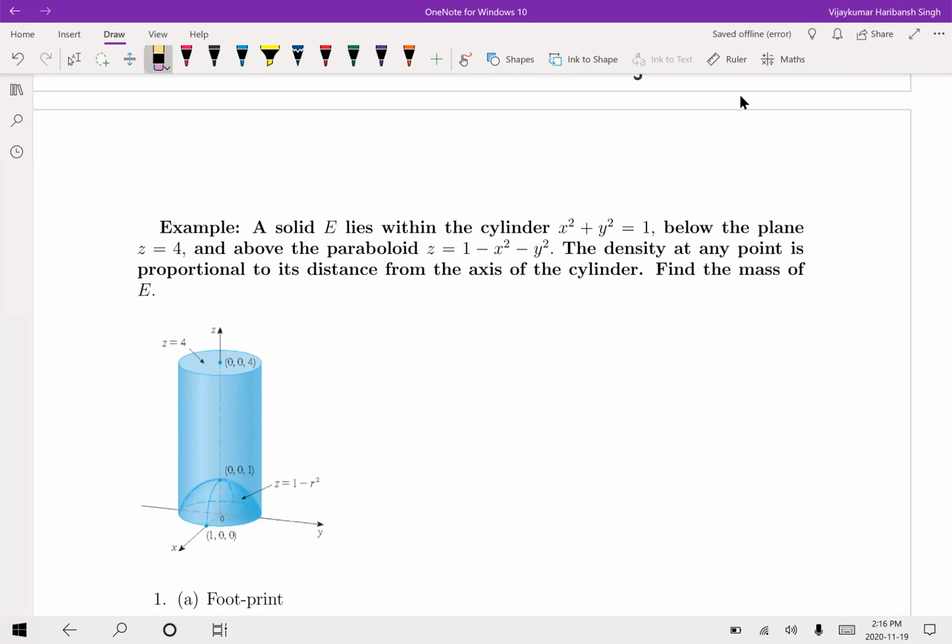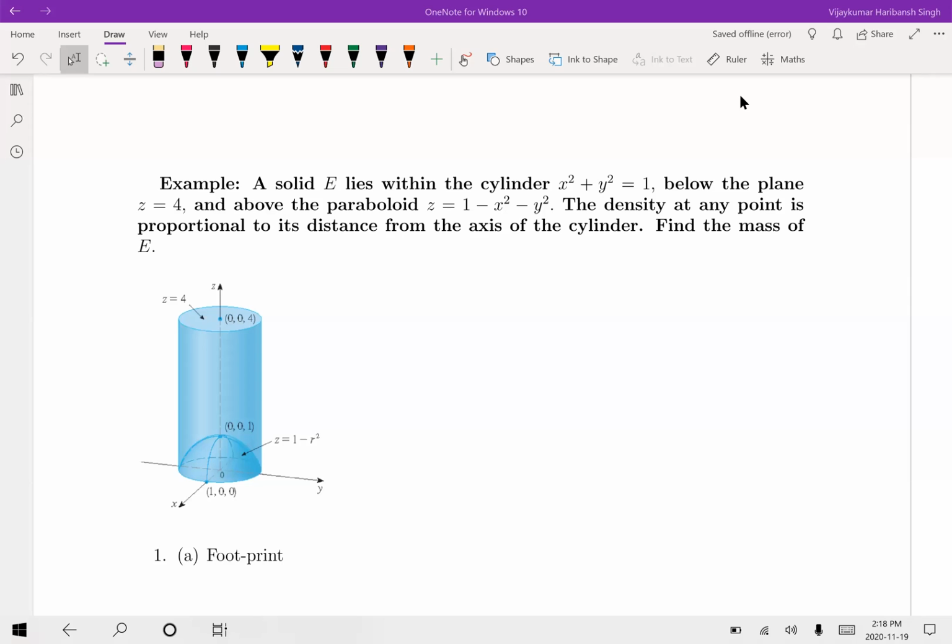The density at any point is proportional to the distance from the axis of the cylinder. Find the mass of E. I see. So in this case, we are asking about the mass, so we need to know what the density function is.